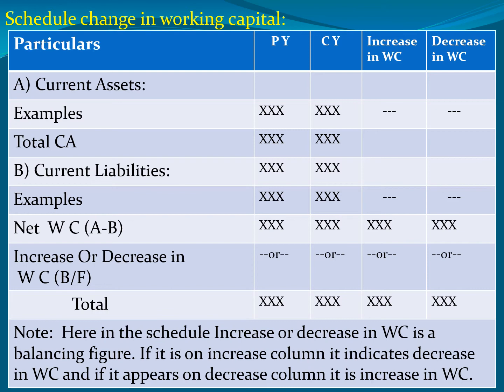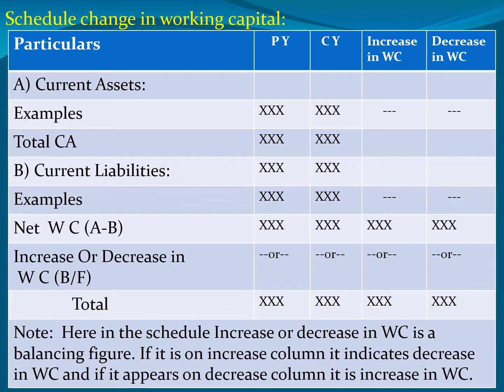And be particular about the size and shape of the columns. The previous year and current year amount columns should have an equal width. For the effect on working capital, you write increase in working capital or decrease in working capital, and that should also have an equal width.